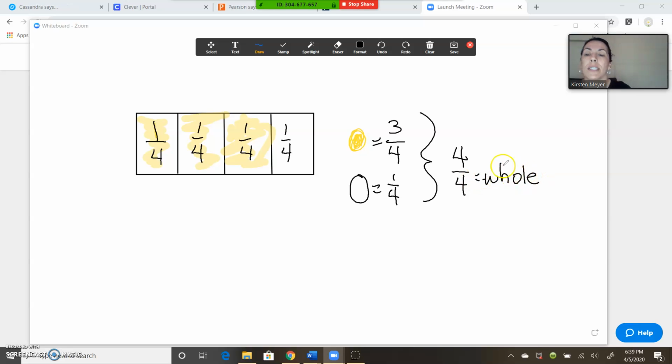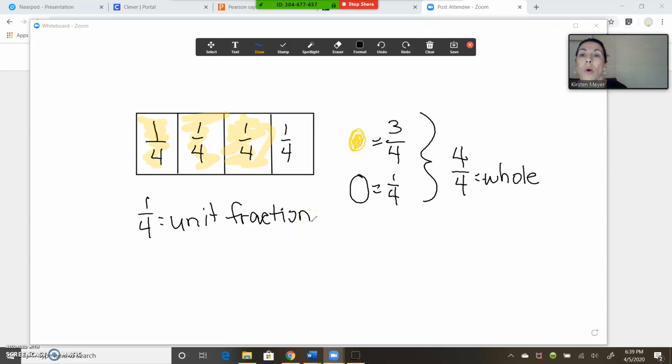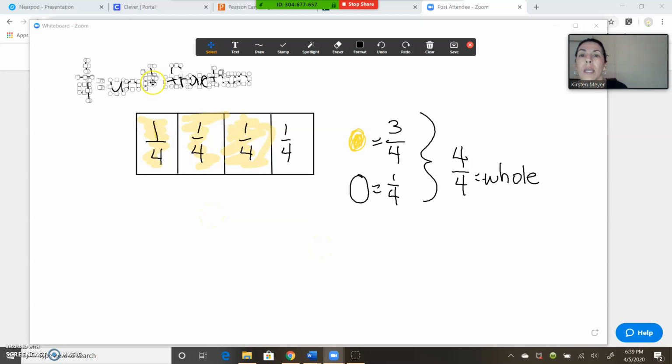We also discussed how one part of it, or 1/4, was the unit fraction. Then we started talking about what we could do to show what that looked like on a number line.